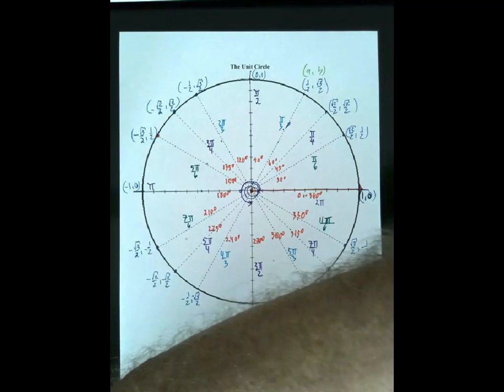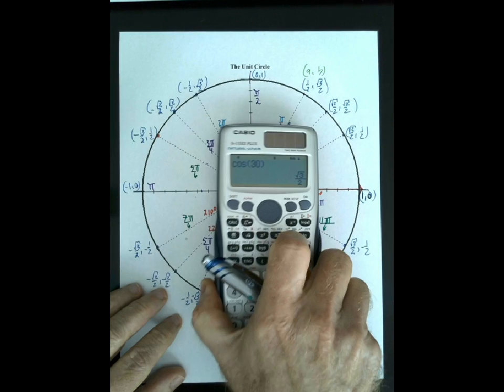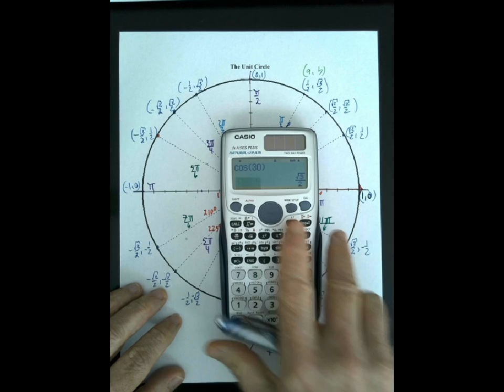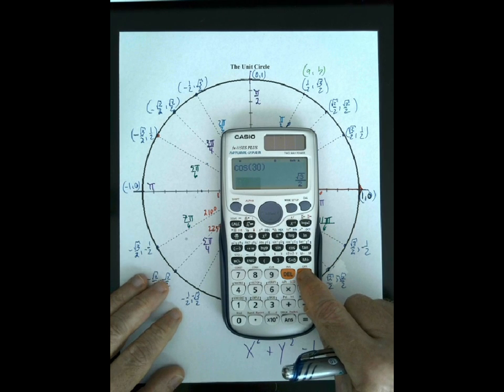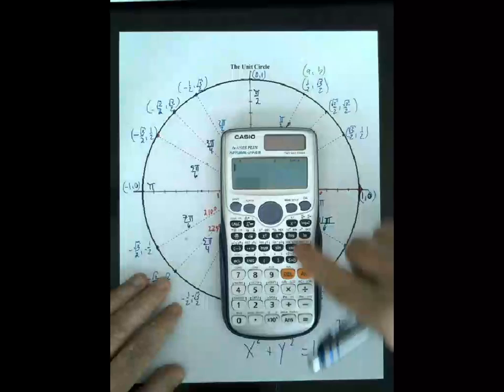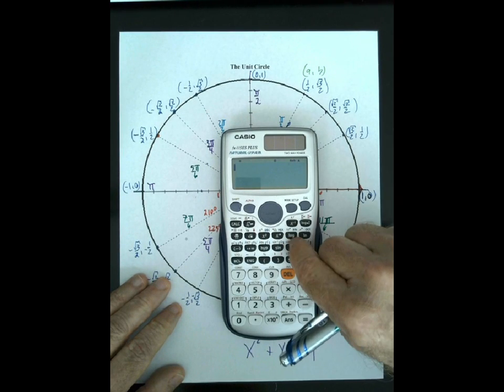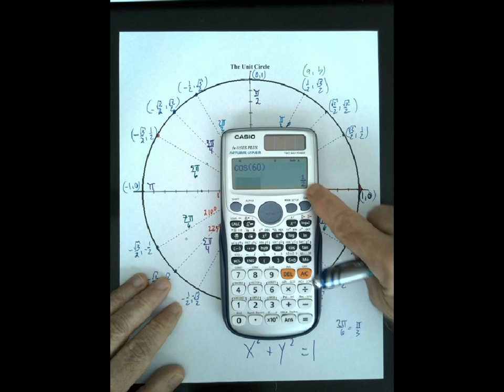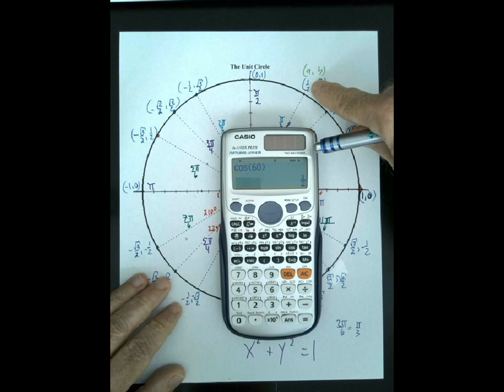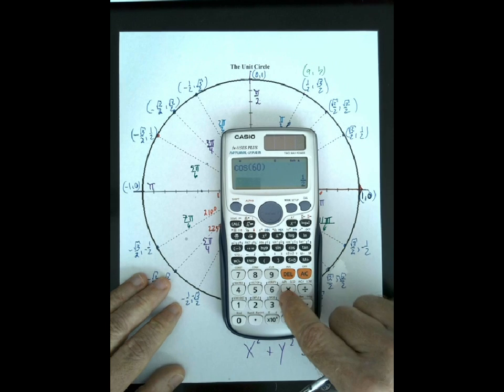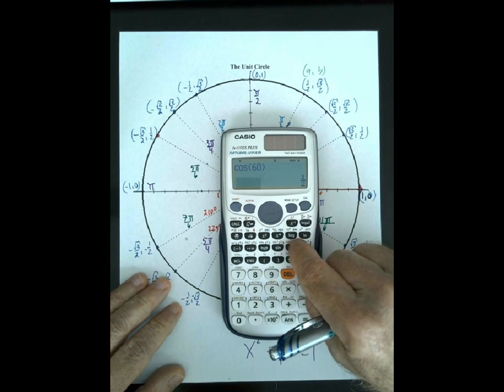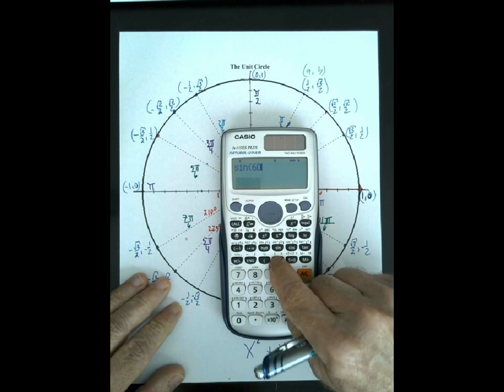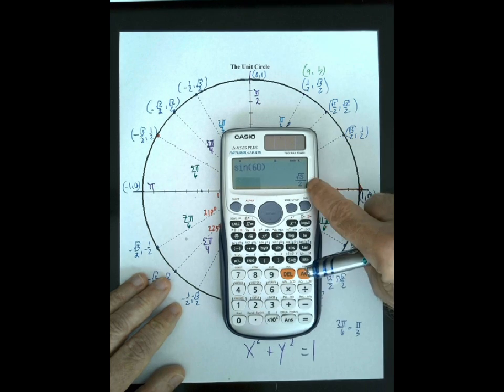Try it on the calculator. This is so you can confirm for yourself. If I do cosine 60, I get 1/2. If I do sine 60, I get rad 3 over 2, which you're probably seeing as 0.866.